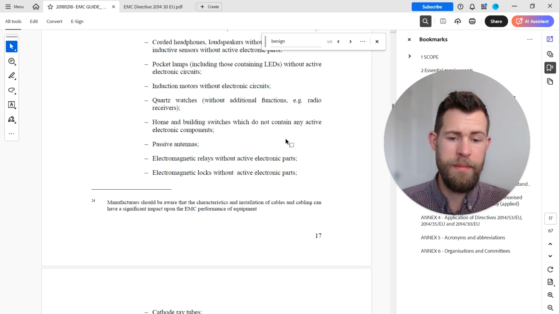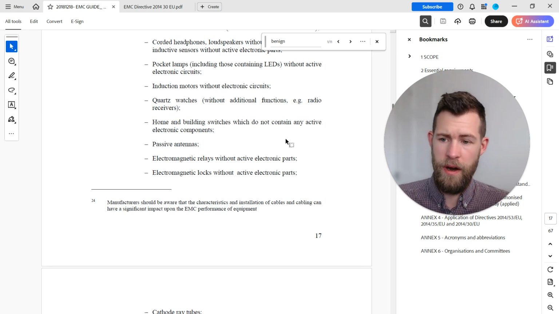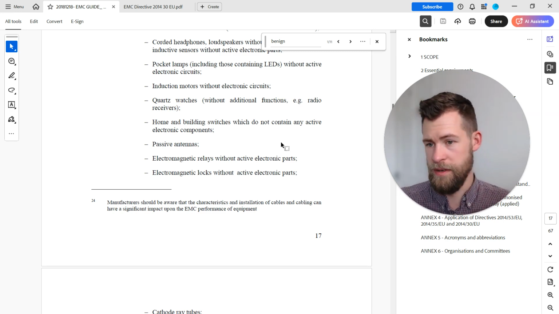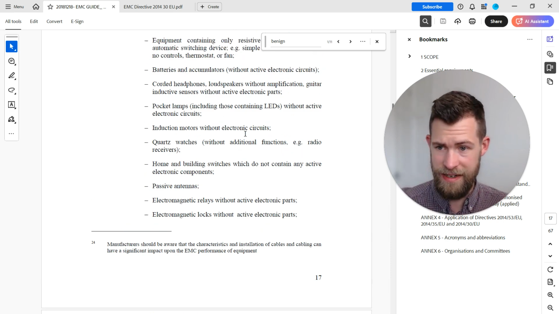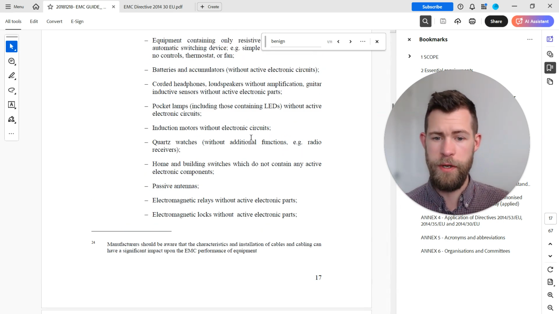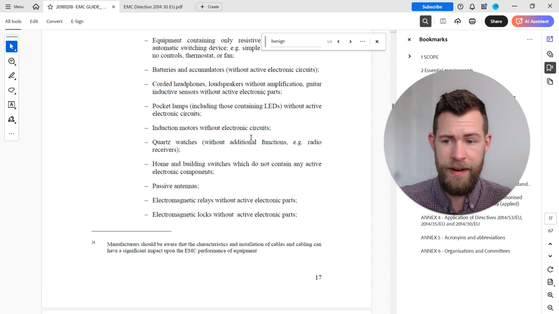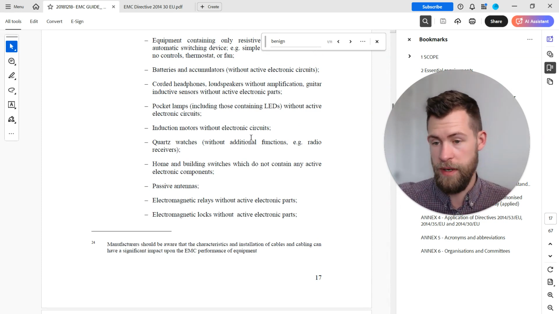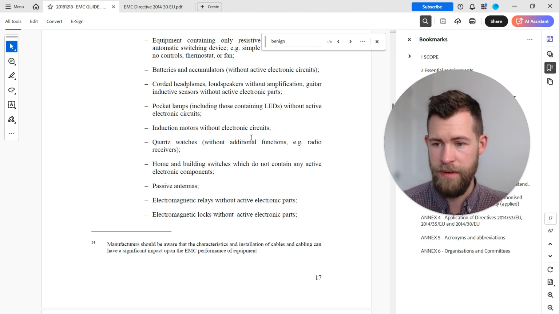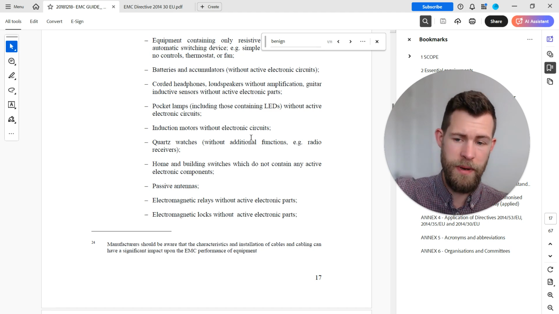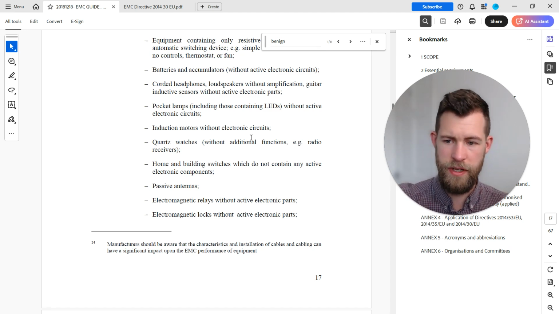So if you've got a very simple piece of equipment, or it's made up of a number of CE marked components, and maybe you're introducing another item of equipment which is one of these listed here, that would put you in a position that excludes you from requiring any sort of testing. And you could viably assess it from a desktop process. You could assess it by looking at the documentation that is supplied with the CE marked equipment that you have.